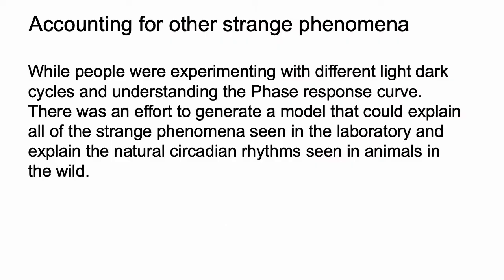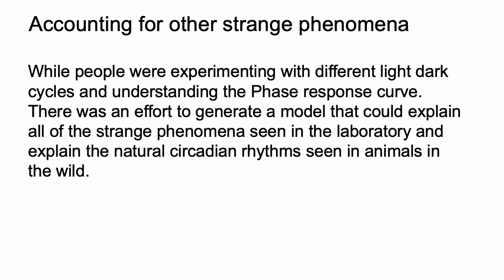As we've seen some before in previous lectures, there are some peculiar phenomena that occur when you bring the circadian rhythm into the laboratory and really start messing around with things like the light-dark cycles and the period length of the cycle.